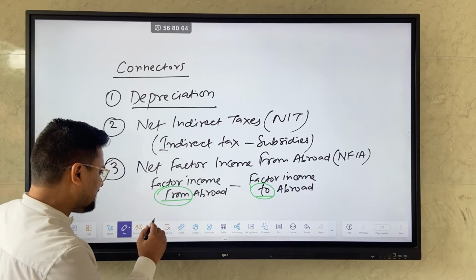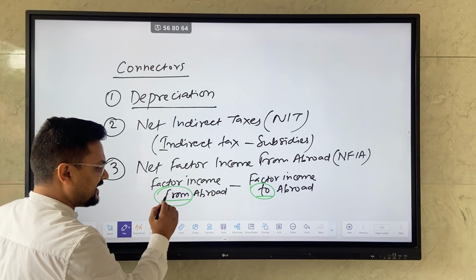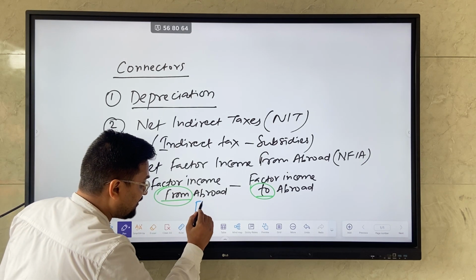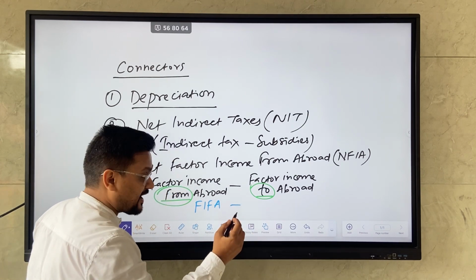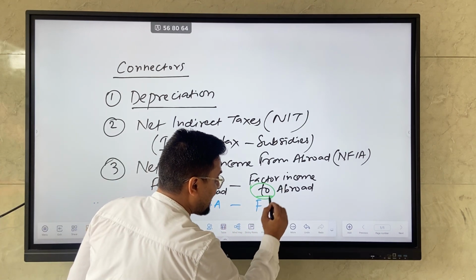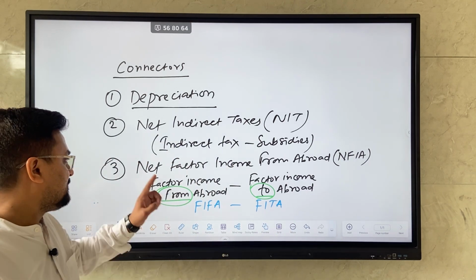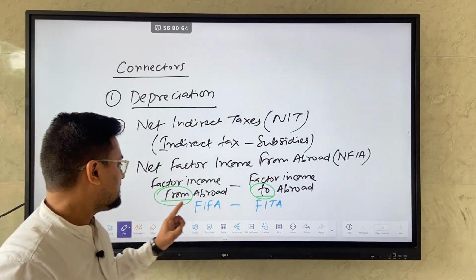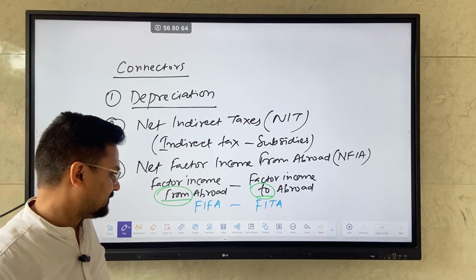Remember, in short we can write, it's FIFA. We can use the word FIFA, easy to remember. FIFA minus, or subtracting, FITA. So it's very simple to remember. Net factor income from abroad is FIFA minus FITA. Okay, it's just easy to remember.